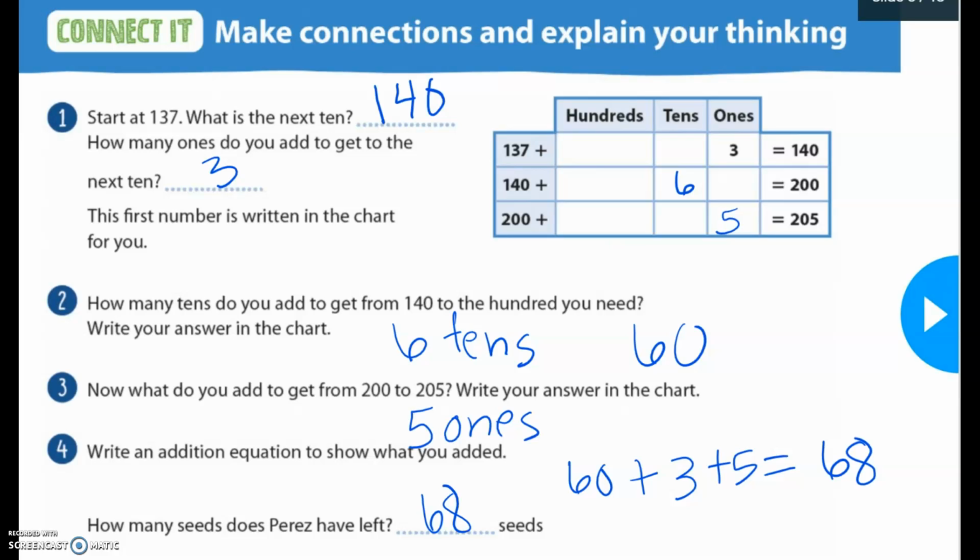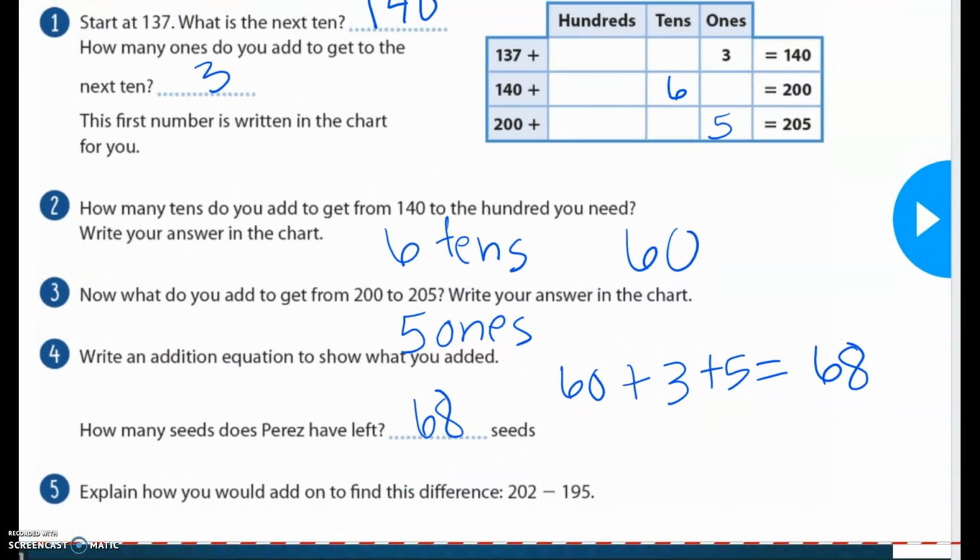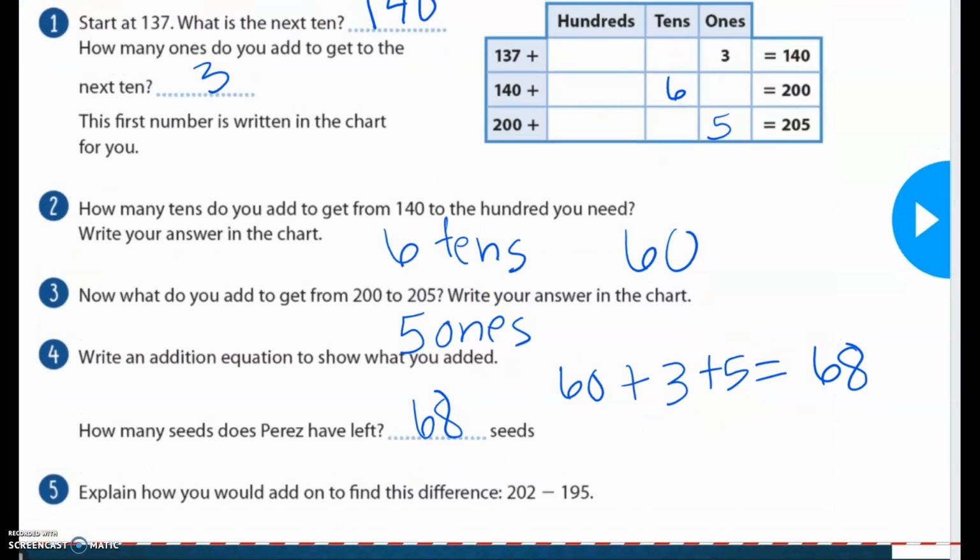So he needs 68. So then it says, how would you add on to find the difference of 195? Well, this one's kind of tricky, but it's just a little bit of what we did. So we're first going to add up to our next 100, which would be 5. That gives us 200.